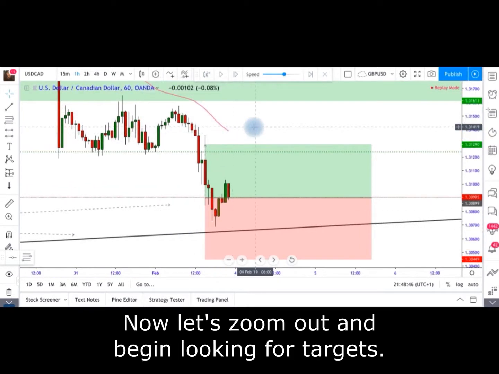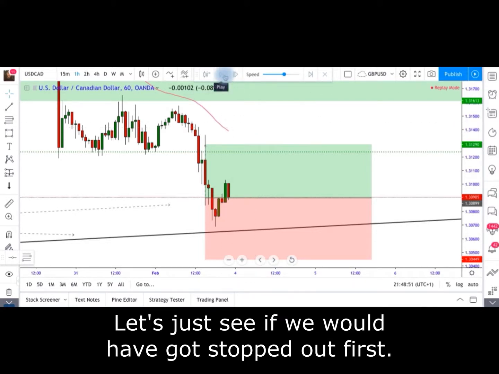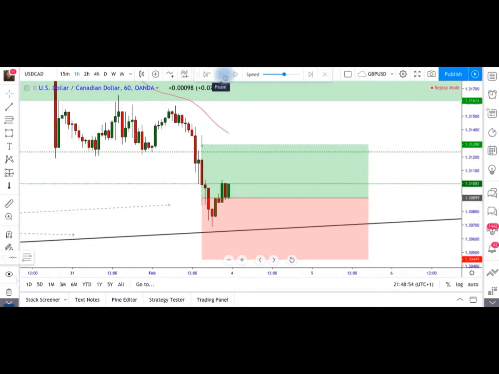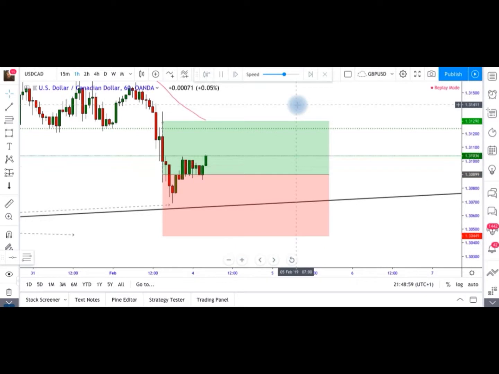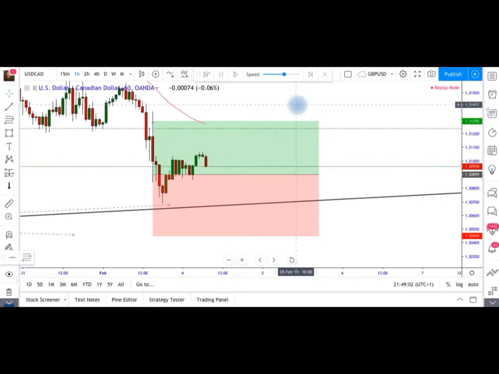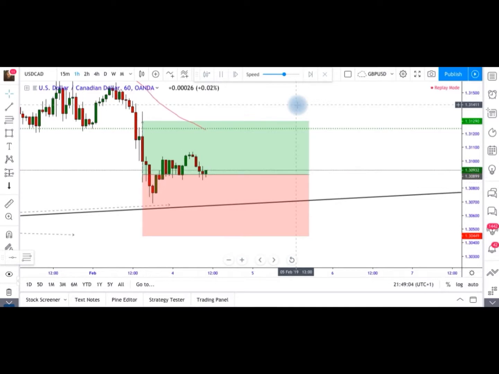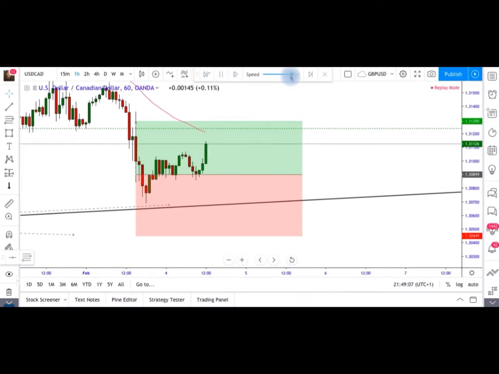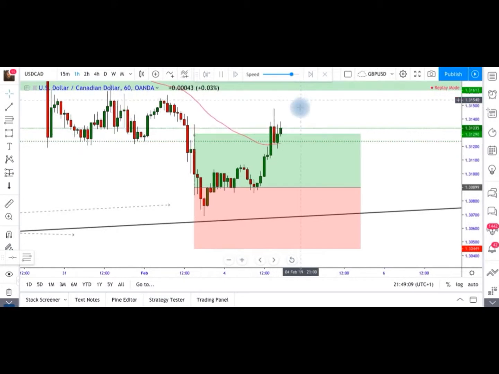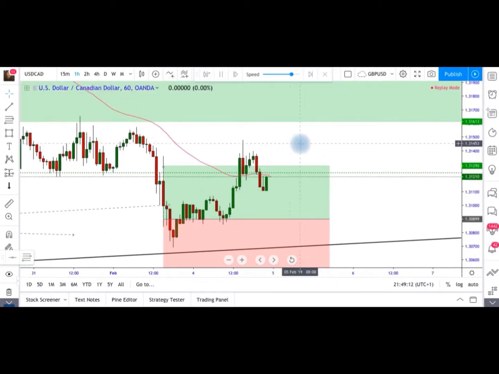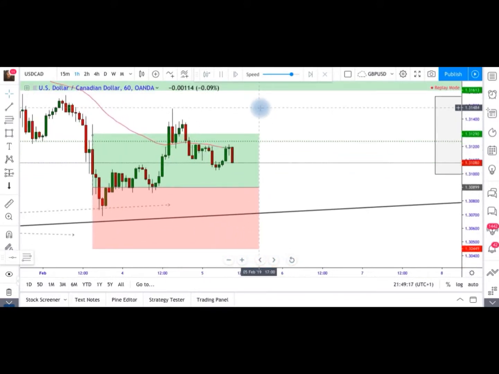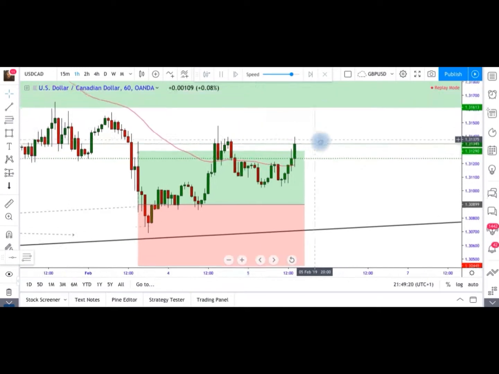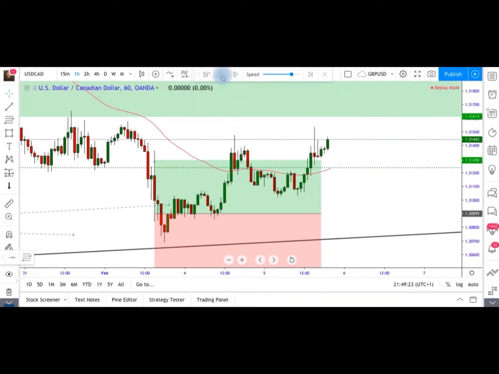Let's delete this. Now let's zoom out and begin looking for targets. Let's just see if we would have got stopped out first. Okay, we're good.